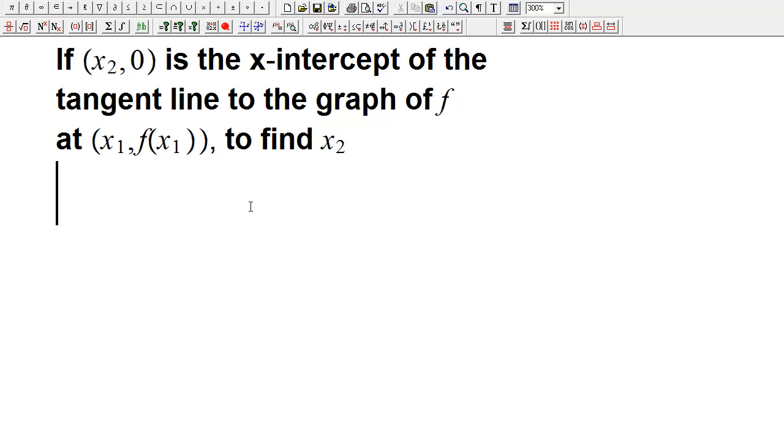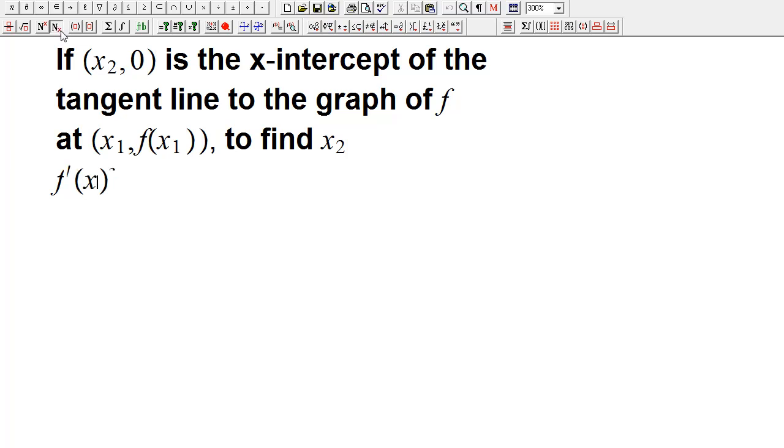First we will write the equation of the tangent line and then find the x-intercept. In order to find the equation, I already know the coordinates of a point on the line. Once we find the slope of the line, we should be able to write the equation. So what is the slope of the line?